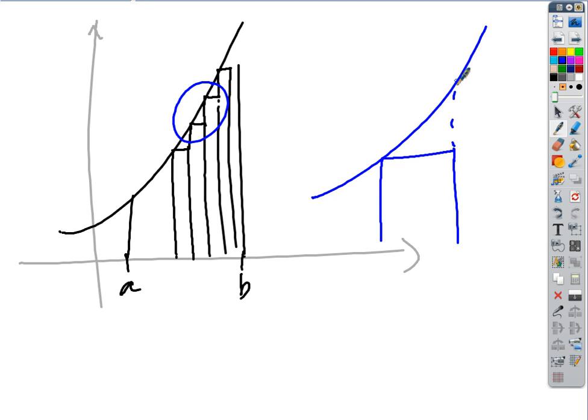So that point intersects the curve right there. This side intersects the curve right there. And then when I draw that straight line, that matches pretty well. Not perfectly, though. It's not perfect, but it matches pretty well. Now, if we let the number of those get pretty big, you can see right away that that trapezoidal rule is going to much more closely approximate the actual area. Okay, now we can do this.